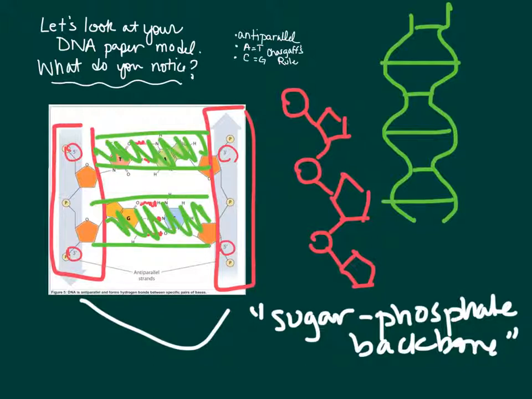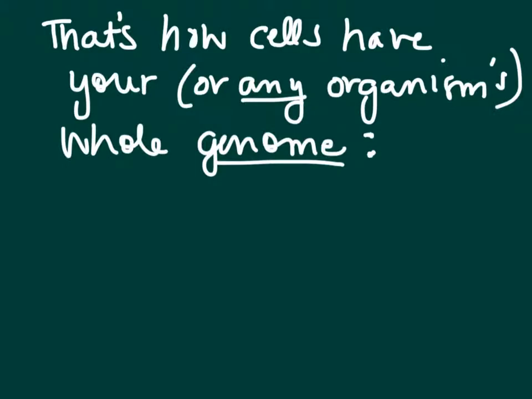They should always be the same length. What you have in front of you is only 8 nucleotides big. Your whole genome contains 3 billion base pairs, so 6 billion nitrogen bases. So every cell you have has 3 billion pairs of those in them.